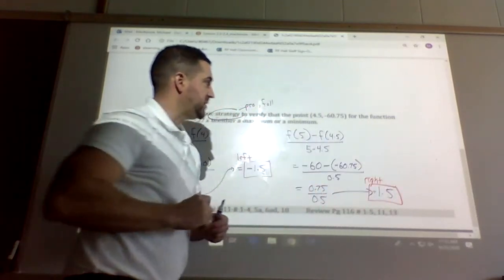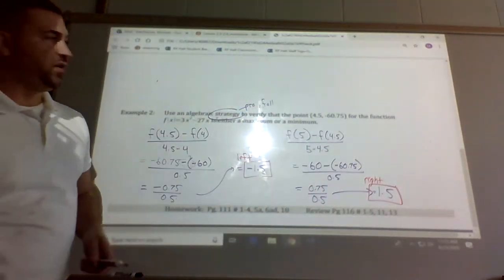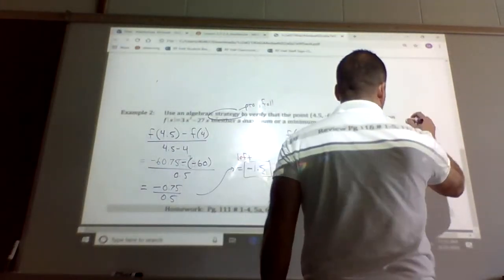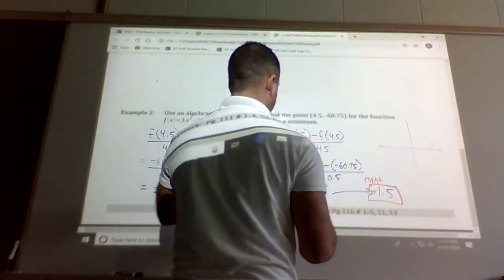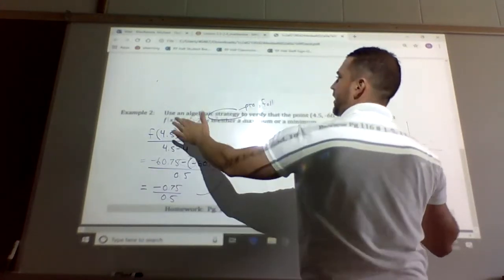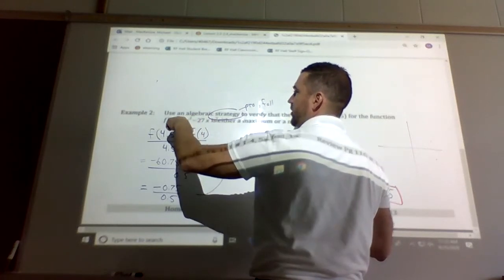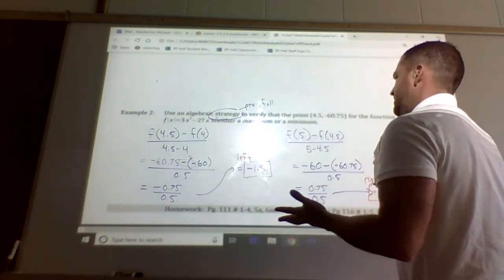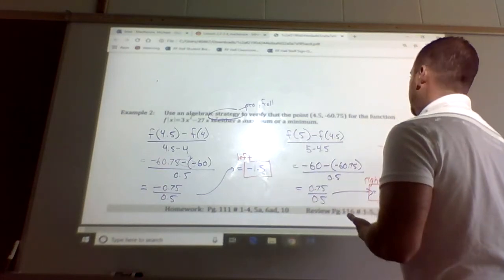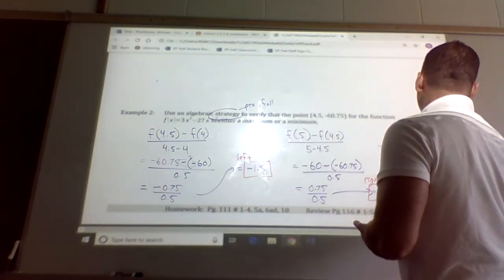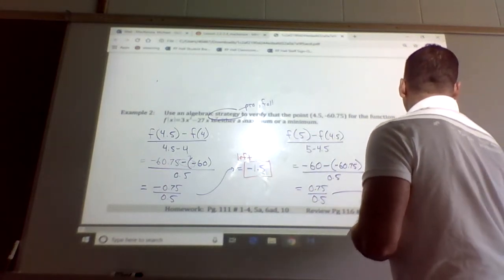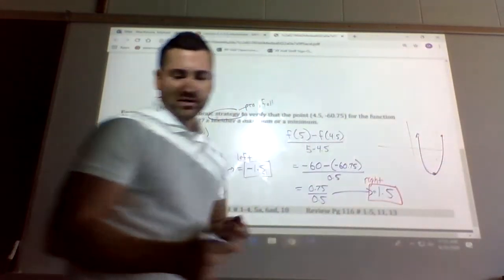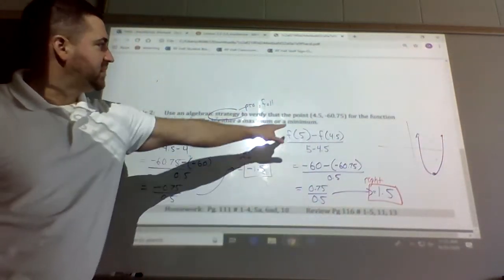So this is a quadratic function. You could tell by the equation that it is going to be a minimum because this was a positive a value, but we just want to prove it. So something way down here, very low, minus 60.